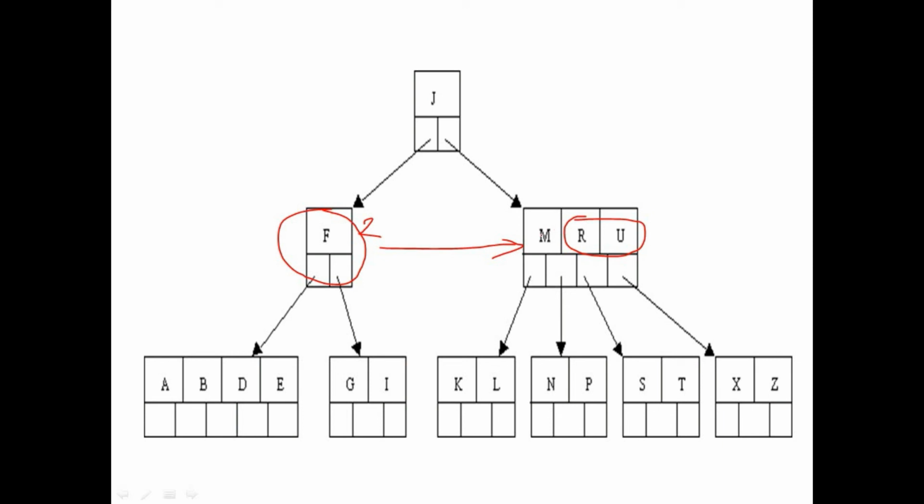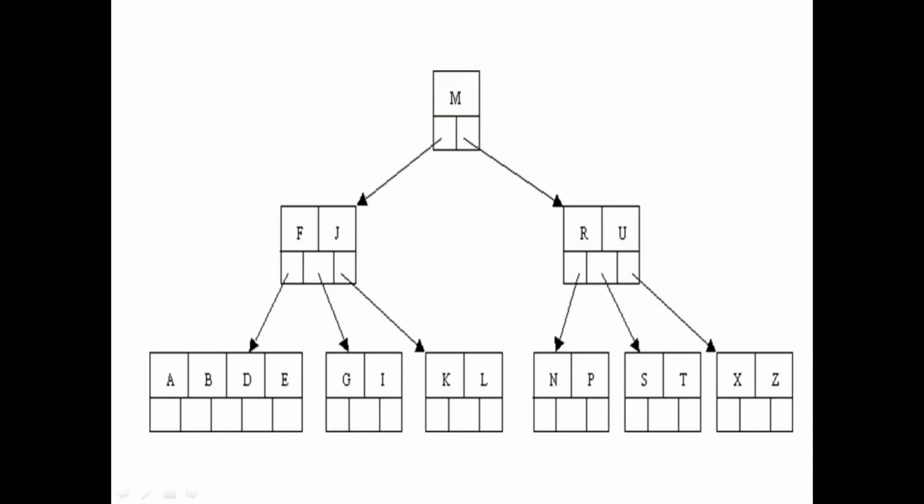So here you can borrow this M, but you cannot directly borrow this M. You have to borrow it from the parent. So M will go here, and then J will come at this particular place, and accordingly you have to arrange the subtrees of M and J. So this is the tree created.